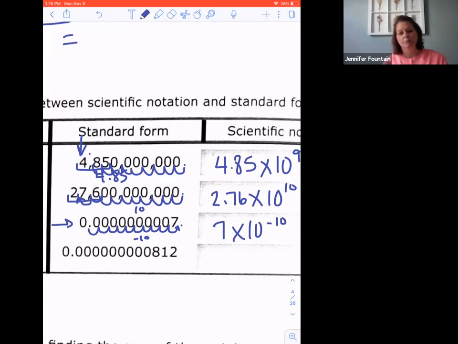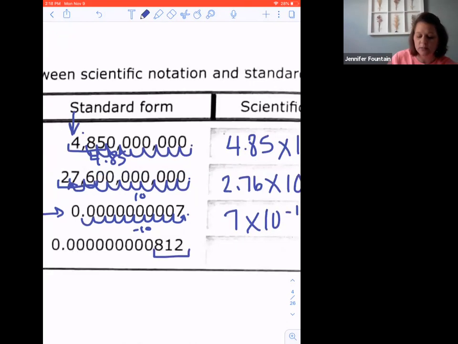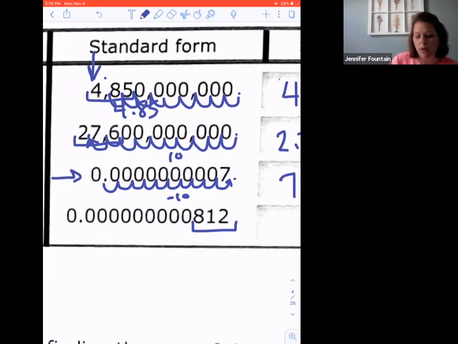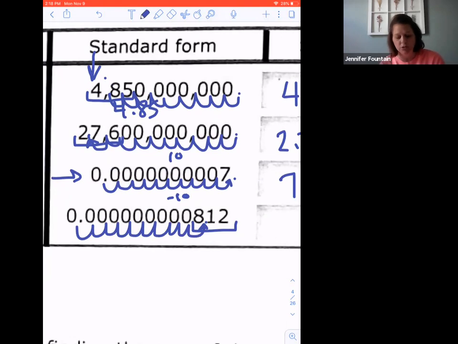All right, and then the last one, my non-zero numbers are 8, 1, 2. So I would put a decimal between the 8 and the 1 to make that a number between 1 and 10. My decimal starts over here, so I need to move it 1, 2, 3, 4, 5, 6, 7, 8, 9, 10 places to the right.